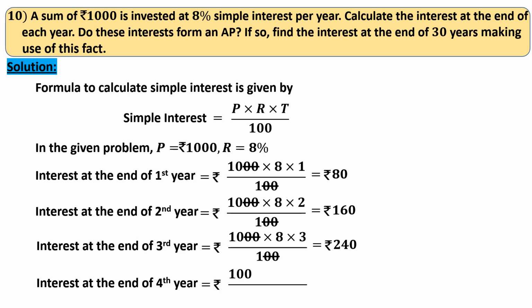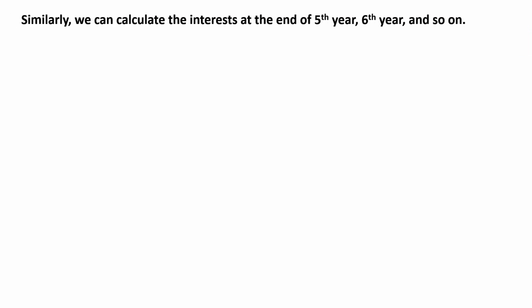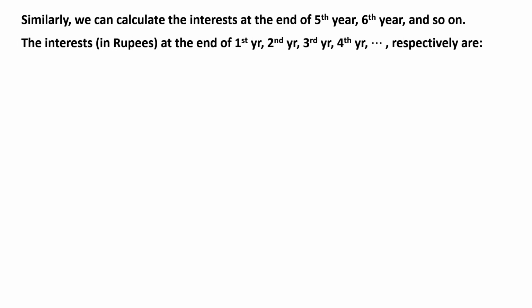Interest at the end of the fourth year. This gives us, on simplifying, rupees 320. Similarly, we can calculate the interest at the end of the fifth year, sixth year, and so on.